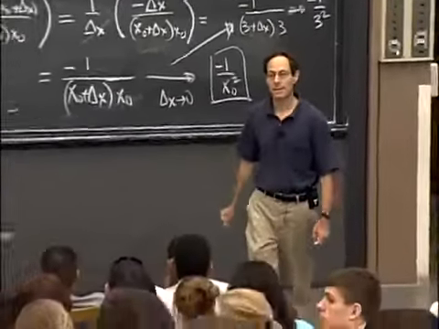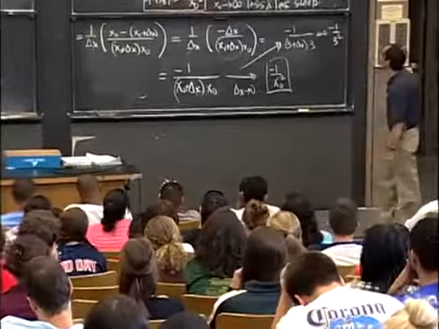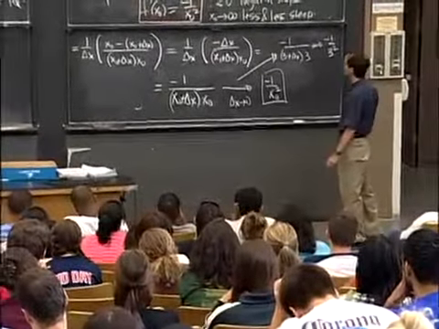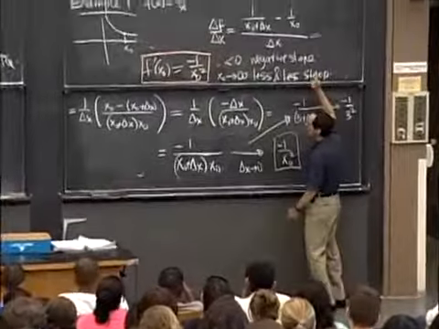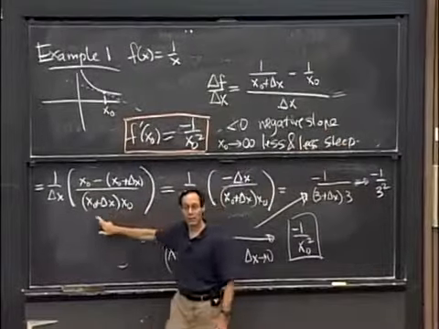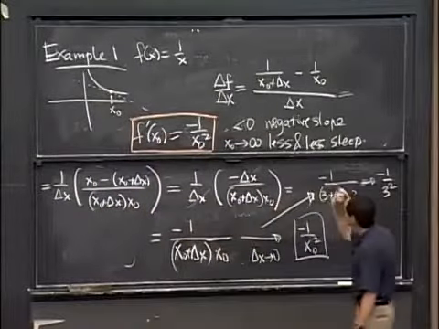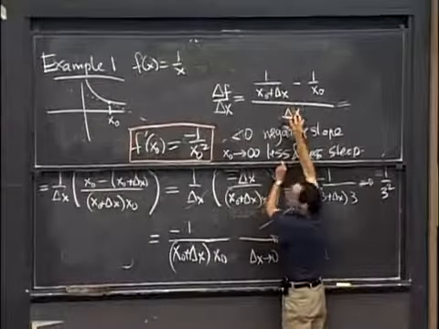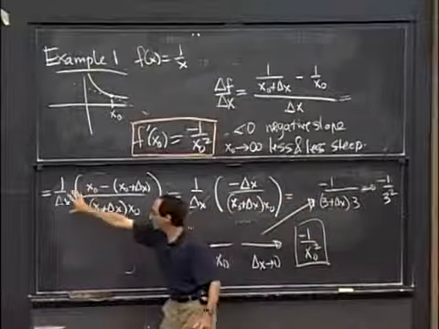Yes? How did you simplify it from delta f over delta x? How do you simplify it from the original equation to when you have 1 over delta x factored out? So the question is, what happened between this step and this step, right? Explain this step here. So there were two parts to that. The first is this delta x, which was sitting in the denominator, I factored all the way out front.